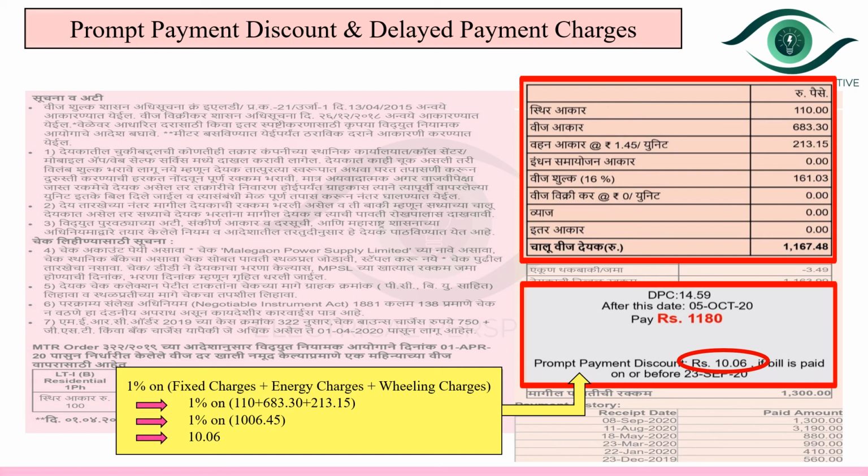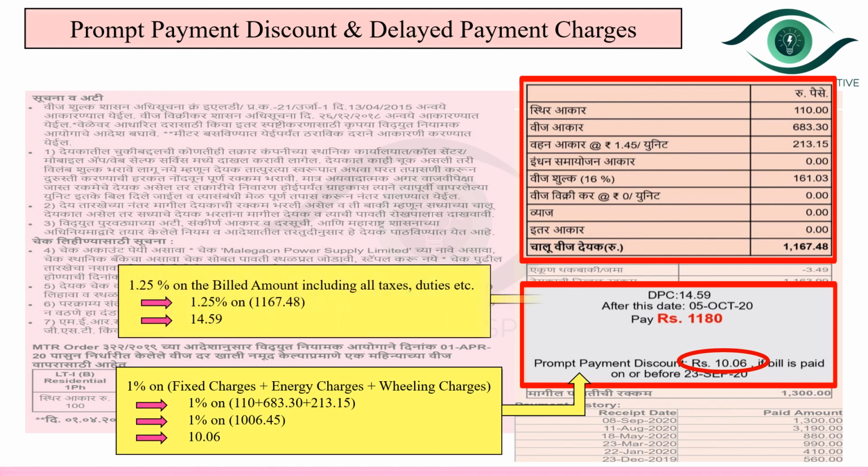So if you pay your electricity bill within 7 days, you get a 1% discount on what? Fixed charges plus energy charges plus wheeling charges. Here they exclude the duties and taxes. So 1% of, fixed charges 110 plus energy charges 683.30 plus wheeling charges 213.15 rupees, you will get 10.06.